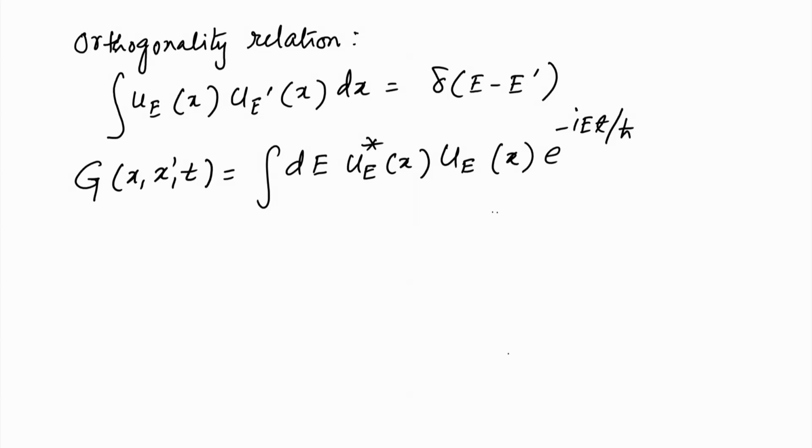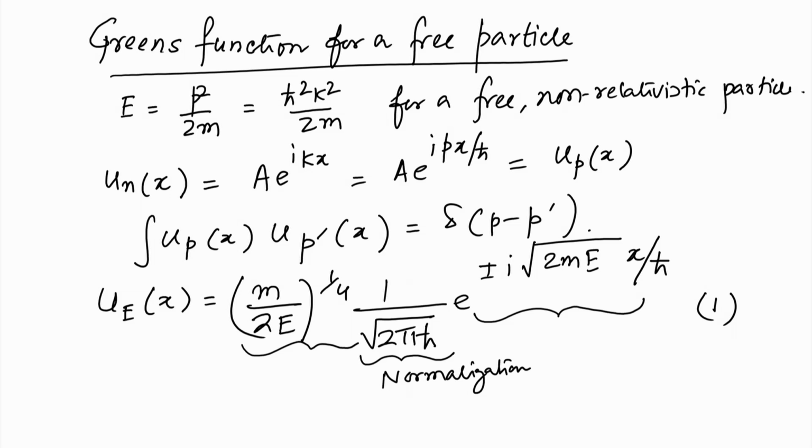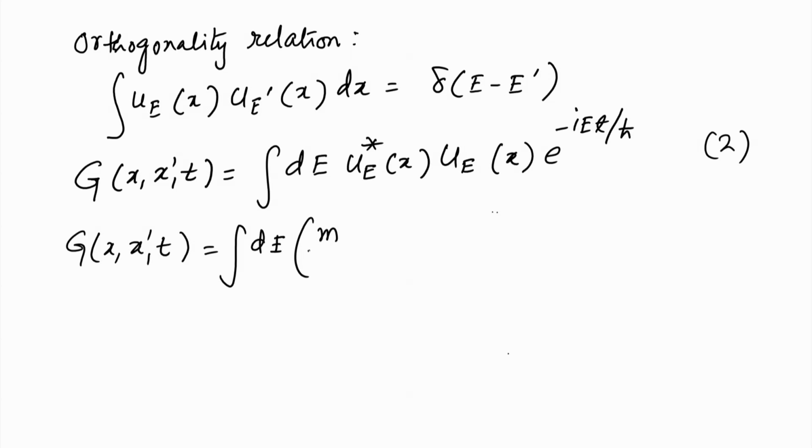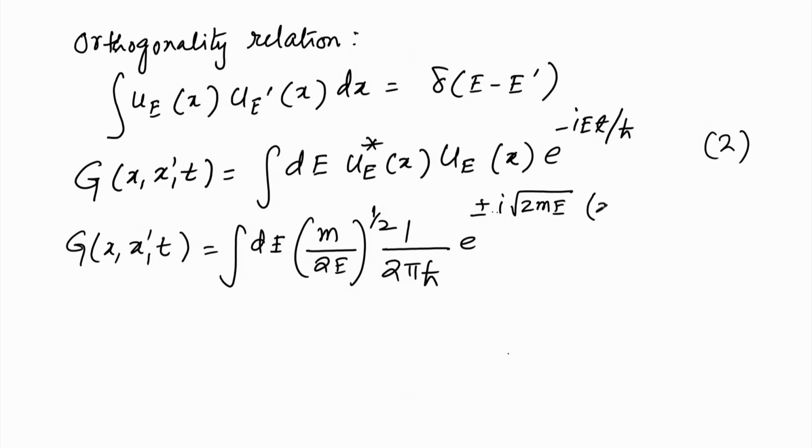If we put in the expressions from equation 1, we get g of x, x prime, t equal to the integral d e of m over 2 e whole to the power half, times 1 by 2 pi h cross, times exponential plus minus i root over 2 m e times x minus x prime by h cross, and exponential minus i e t by h cross.